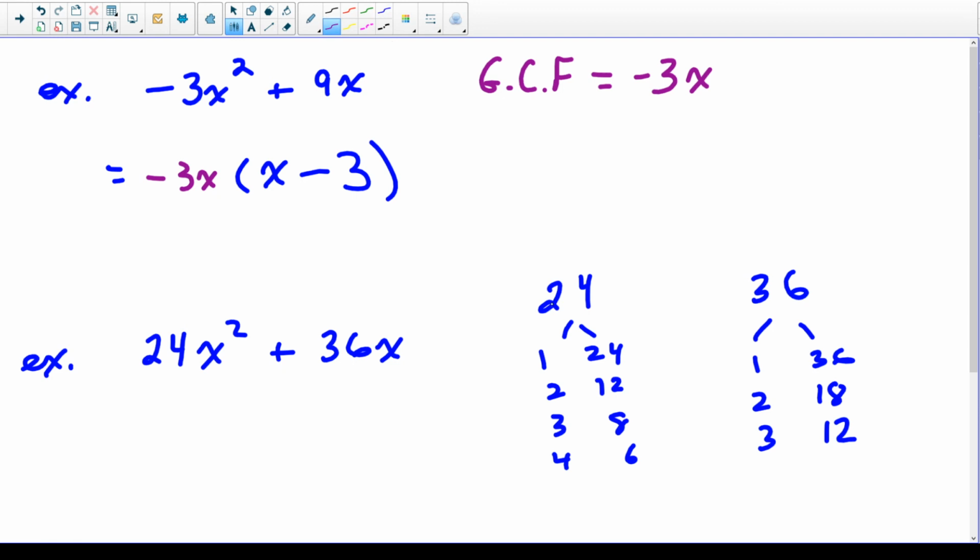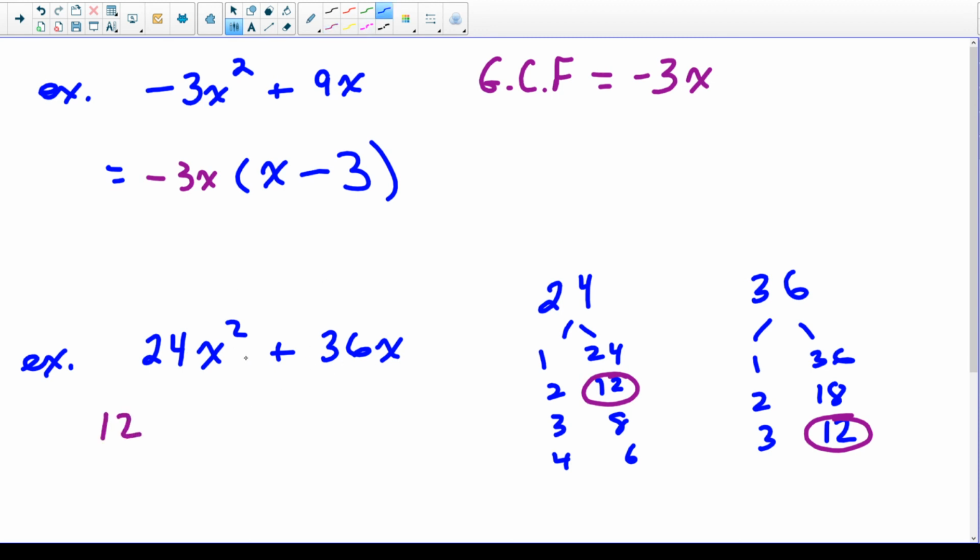Well, look at here. That means 12 is the greatest common factor to both of those two numbers. Okay, so I almost missed it.